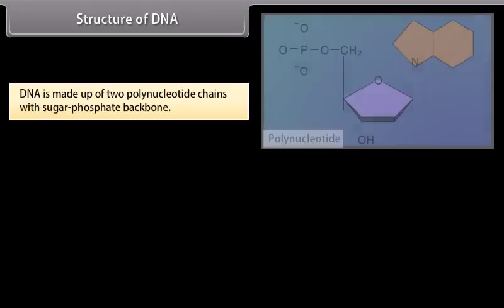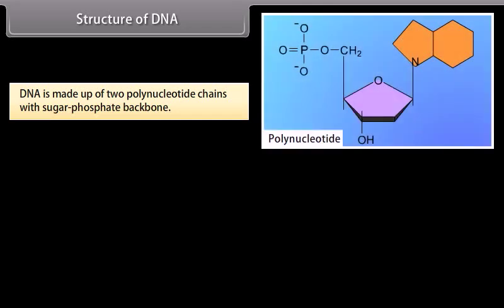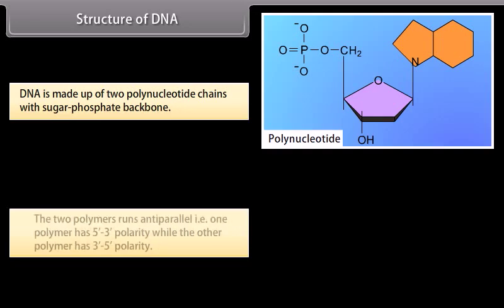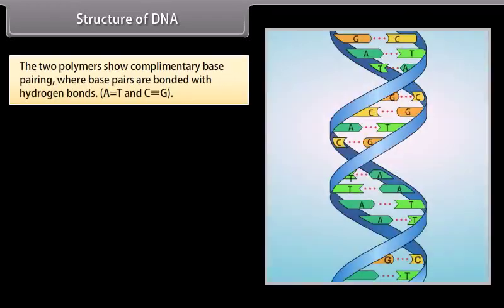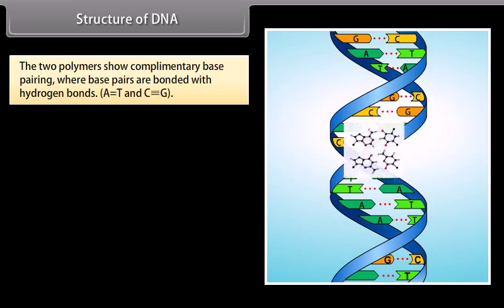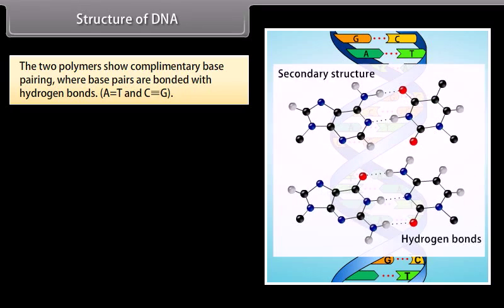Structure of DNA. DNA is made up of 2 polynucleotide chains with a sugar-phosphate backbone. The 2 polymers run antiparallel, that is, one polymer has 5' to 3' polarity, while the other polymer has 3' to 5' polarity. The 2 polymers show complementary base pairing, where base pairs are bonded with hydrogen bonds.